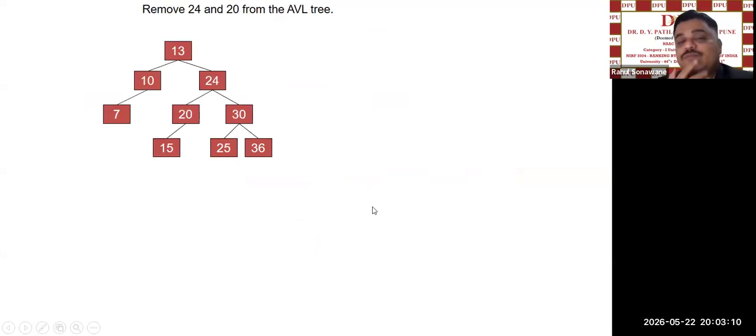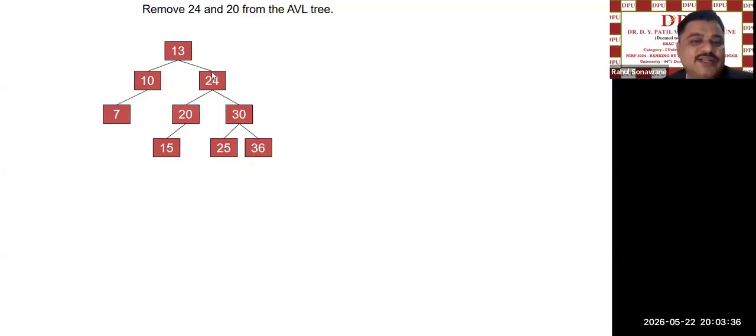Now, we have just seen the insert operation and tried to construct the BST. But what about the remove or delete operation? So what do we do in a delete operation in the BST? Obviously, we have to find either the maximum in the left subtree or the minimum in the right subtree, and replace that value.